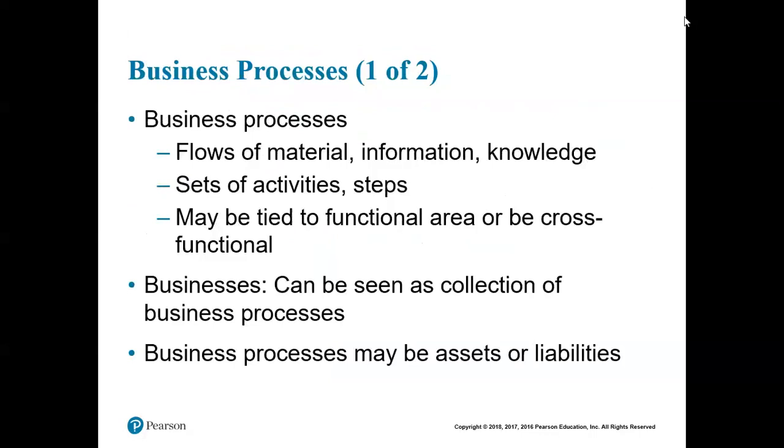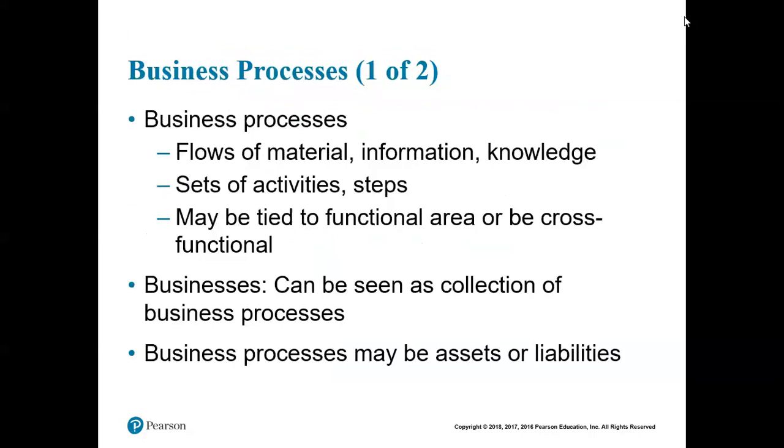An organization or a business is a collection of business processes because an organization is simply made up of its people and its data and how it interacts with its environment to take inputs, process, and produce outputs.